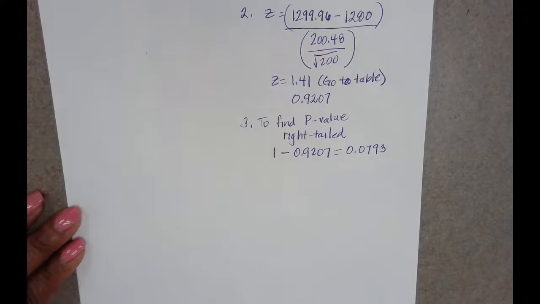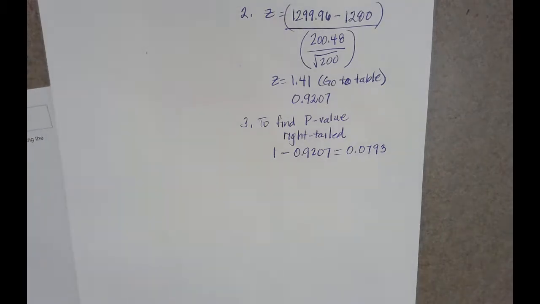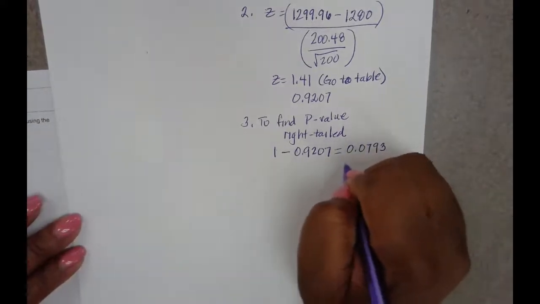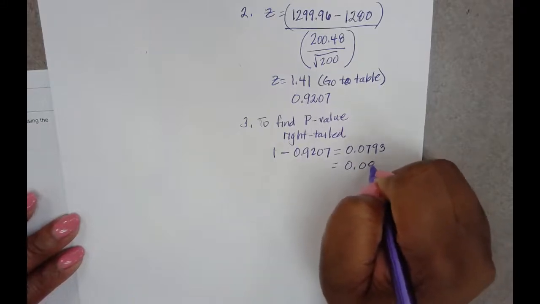They want us to round it to 3 decimal places. So we get 0.08.